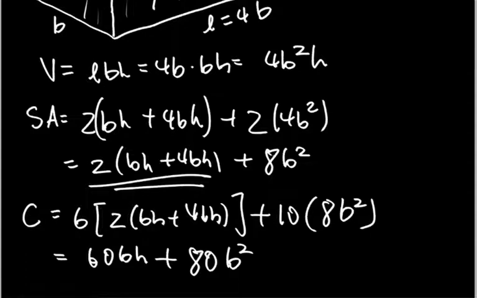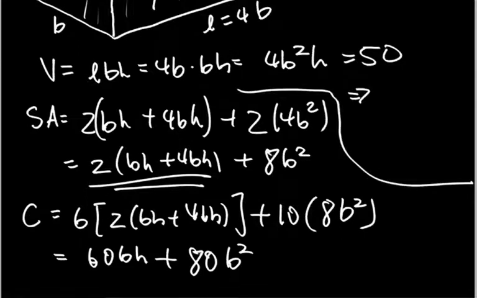Okay, so question. What can we do here? The H, we can actually get rid of that because this volume is 50 meters cubed, right? So if we were to set that equal to 50, then we can divide things and we get H equals 50 divided by 4, that's going to be 25 over 2, and then B squared is just there.